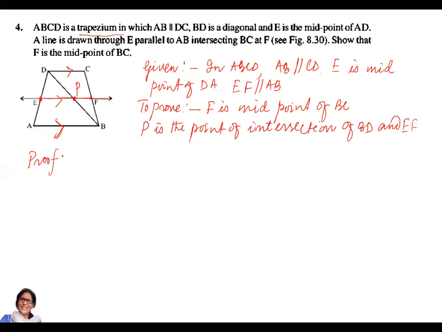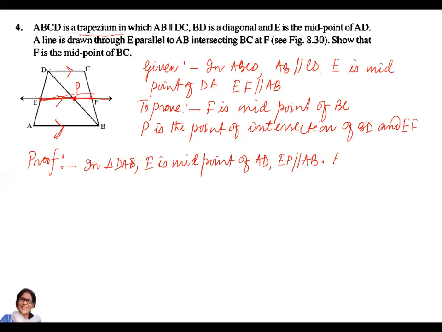For the proof, I'll take triangle DAB. In triangle DAB, E is midpoint of AD, and EP is parallel to AB. EP is the same line as EF. So when EF is parallel, EP is also parallel.